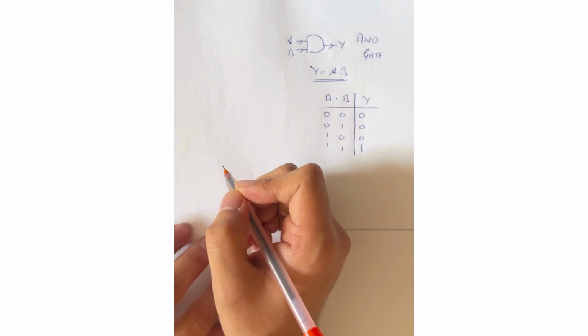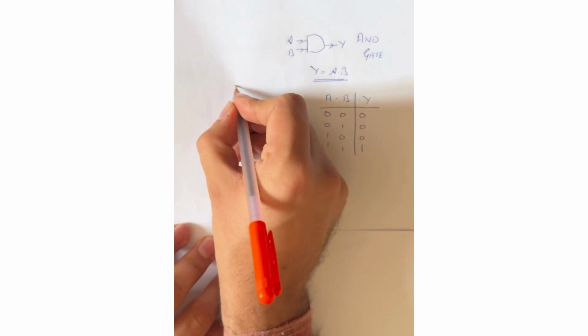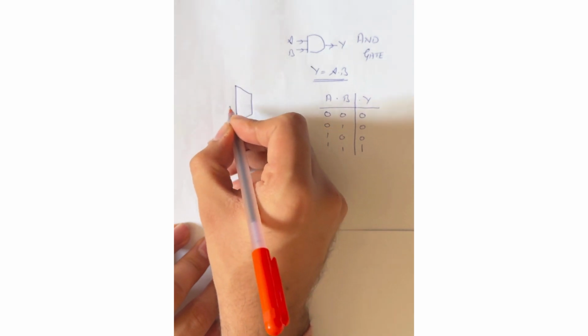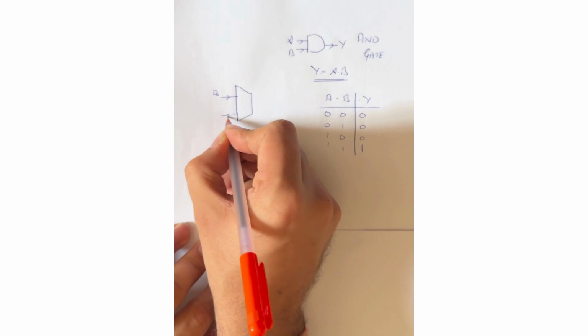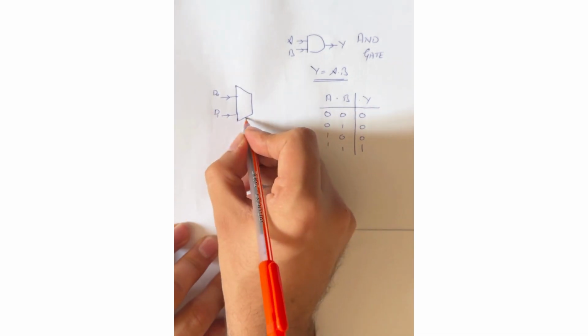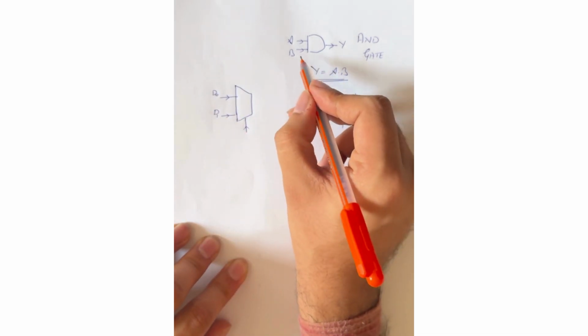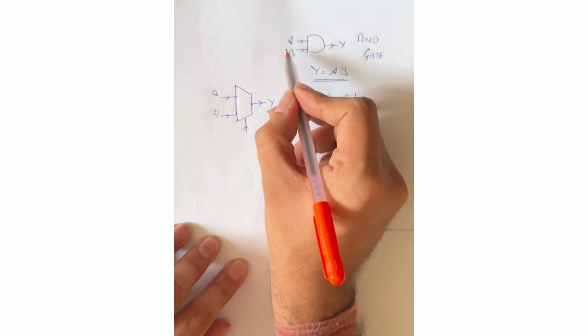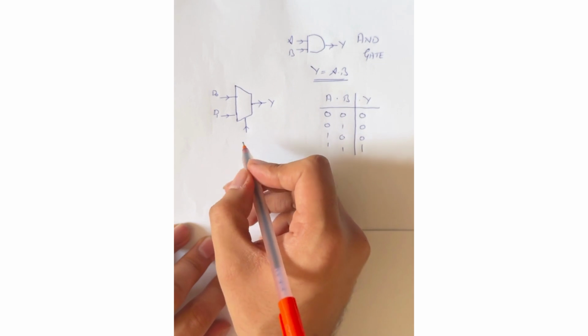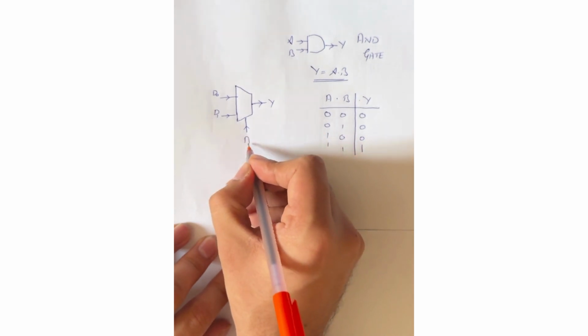Now consider a 2:1 MUX. This can be D0. This is D1. Since the AND gate has two inputs A and B and one output Y, let us consider one of the inputs, A, as the selection line for the 2:1 MUX.